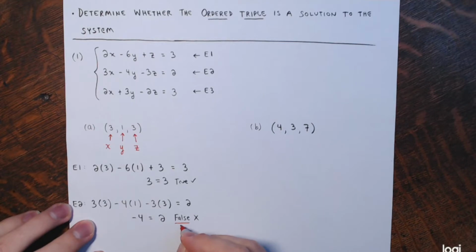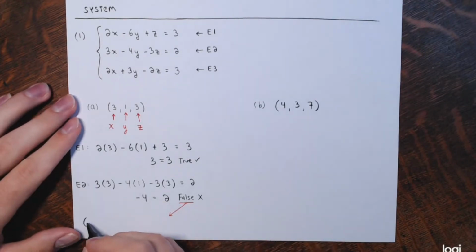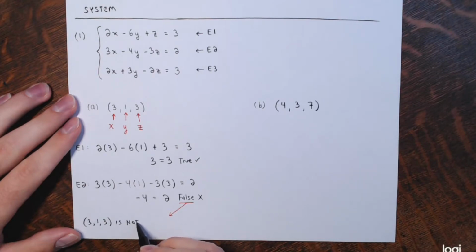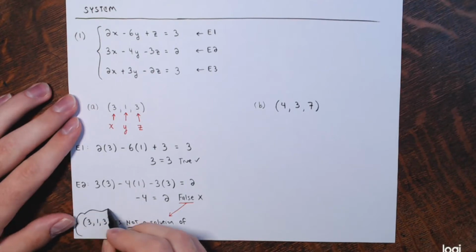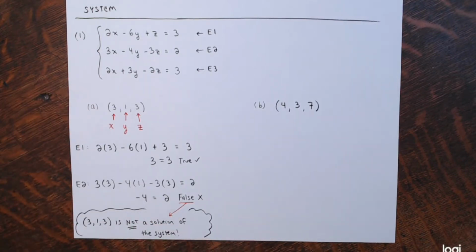So because this second equation is made false by that ordered triple, the ordered triple 3, 1, 3 is not a solution of the system. Sure, it's a solution of the first equation, but not all three. So not of the system.